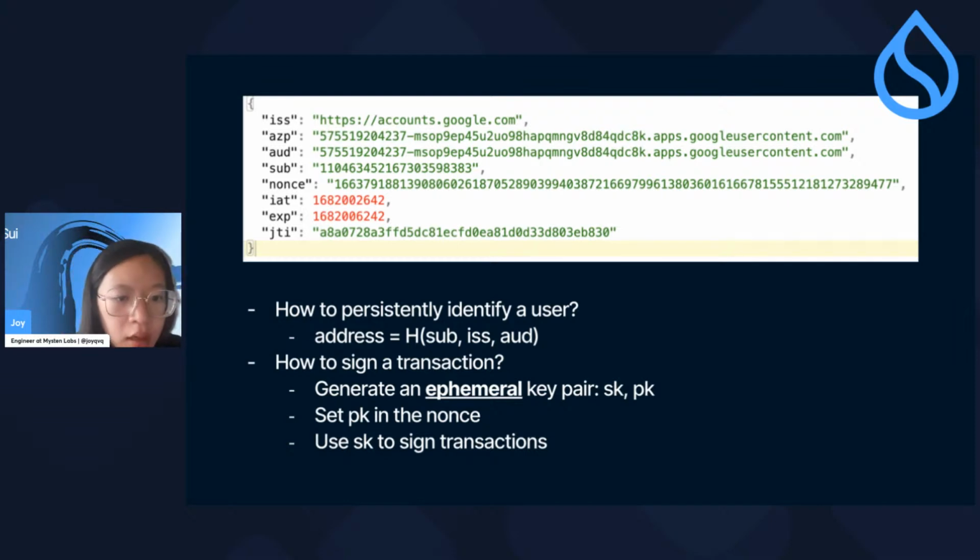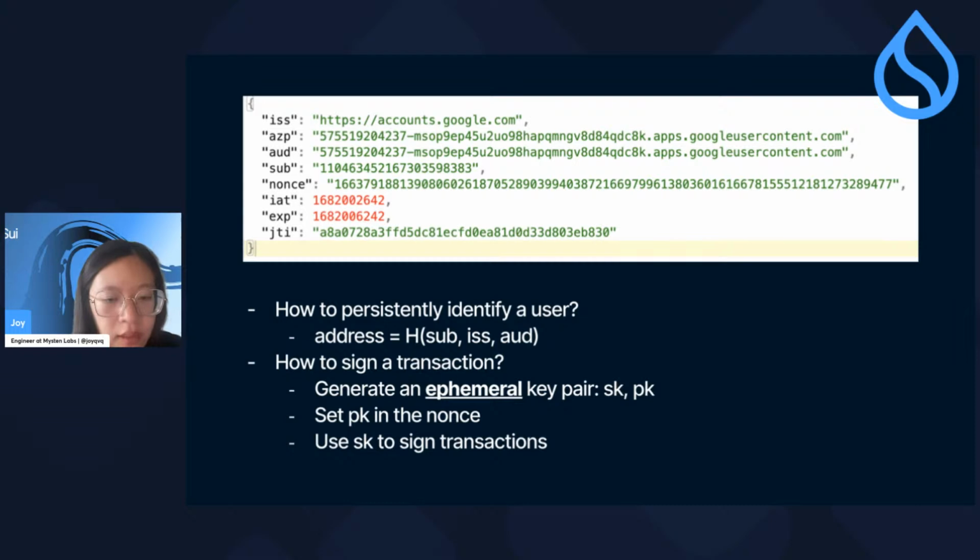The second question we wanted to answer is, how do we sign a transaction? As we mentioned earlier in the previous slide, we leveraged this field called nonce, where we can set the public key.